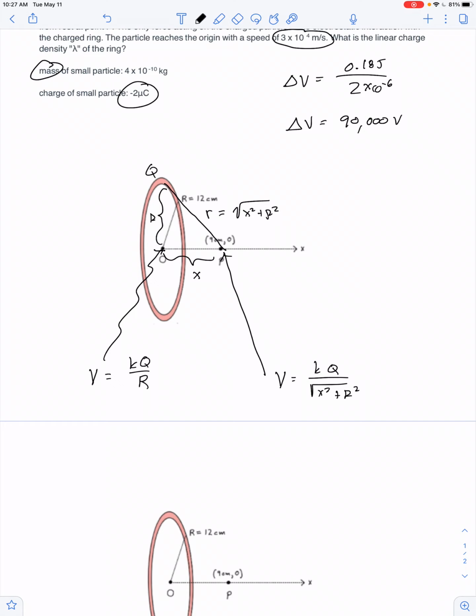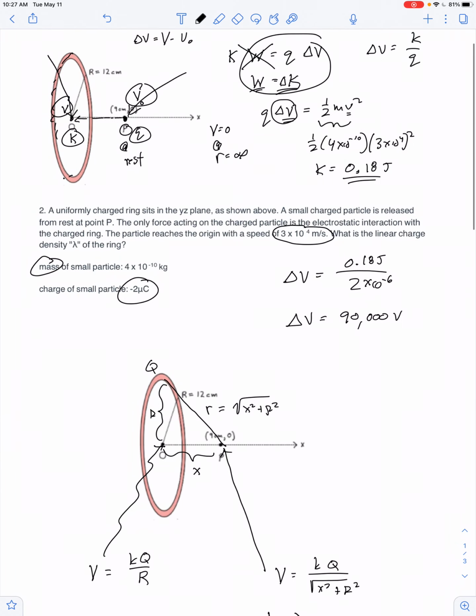Okay, so delta V must be the difference between these two values. So in other words, it's KQ times the quantity 1 over r minus 1 over the square root of x squared plus r squared. Well, this we can evaluate.